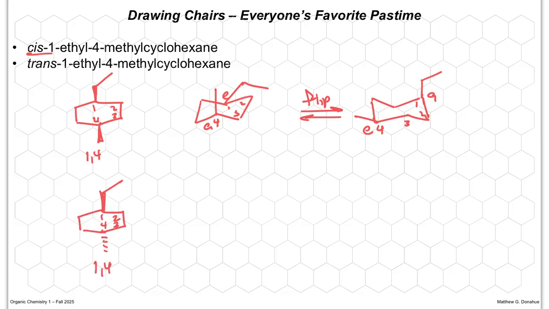So now we'll do the 1,4 trans. We're going to keep the ethyl group up, and now the methyl group is going to be down. So carbon 4, because that carbon is up, the bond that's pointed down in this case is going to be equatorial.